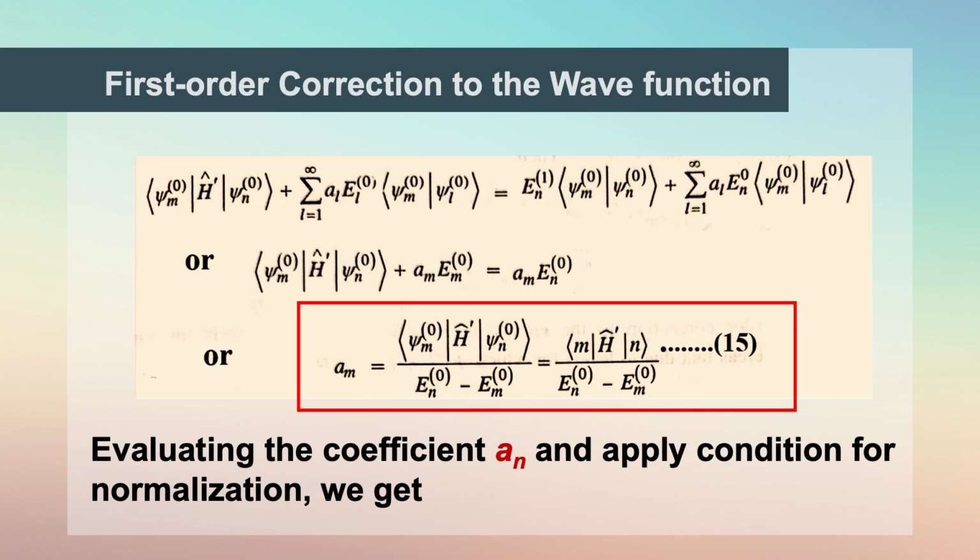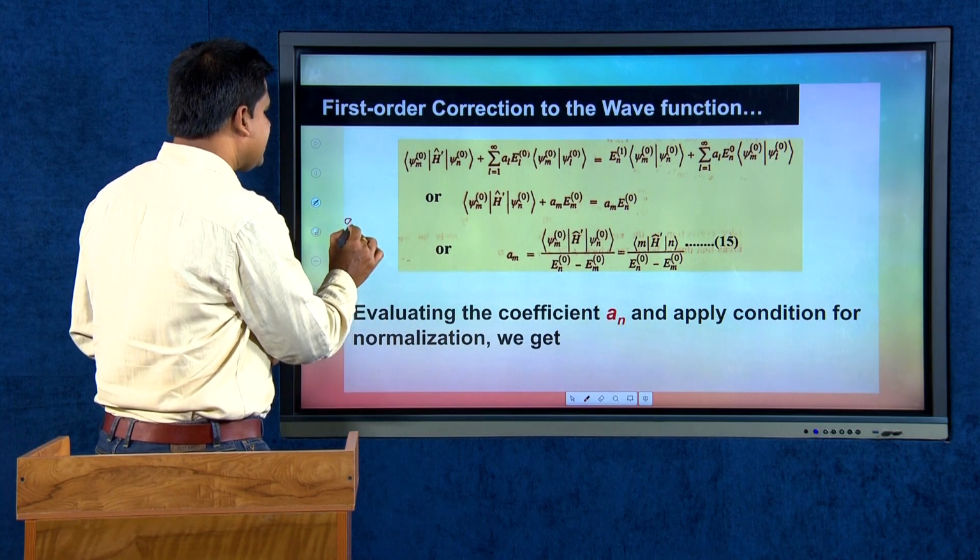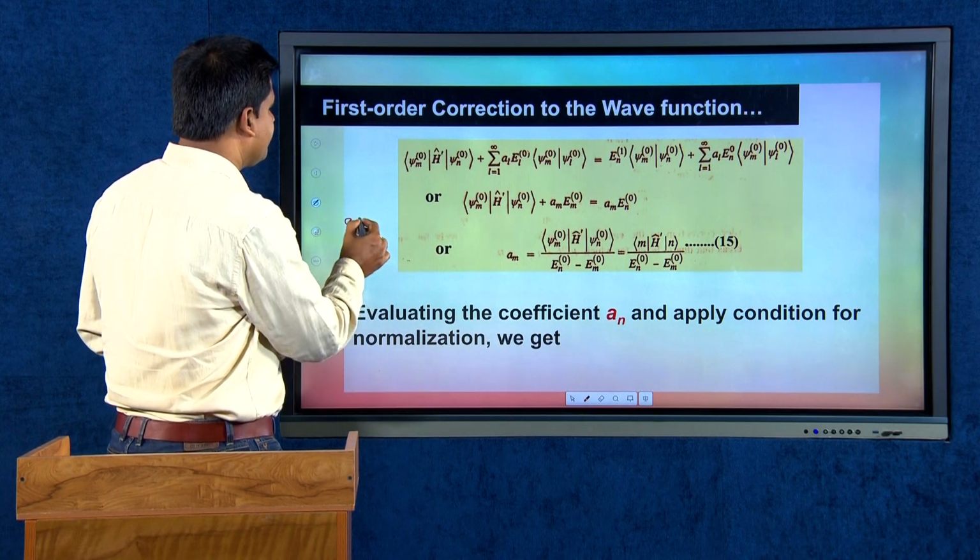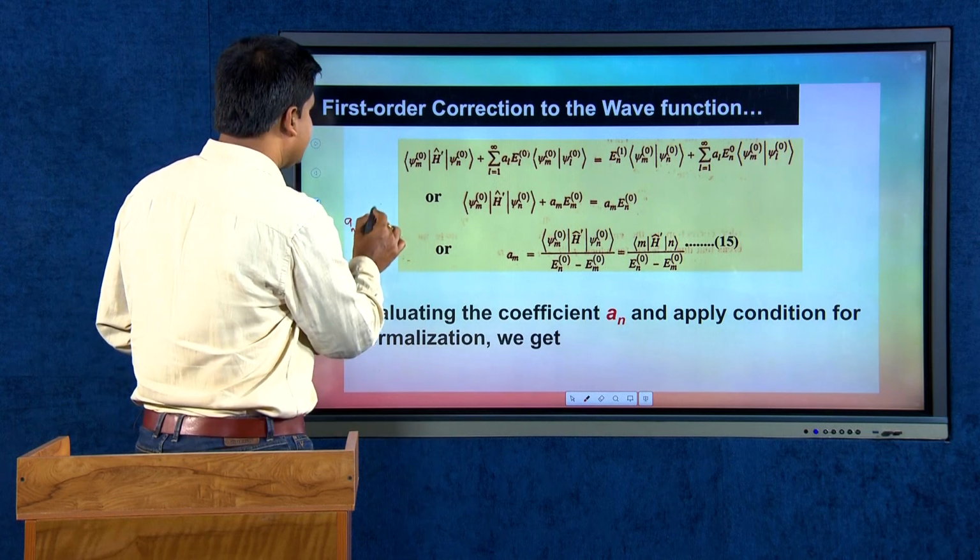This term is integral psi m 0 h hat dash psi n d tau divided by En 0 Em 0, or the final equation Am in integral form can be represented like this integral.